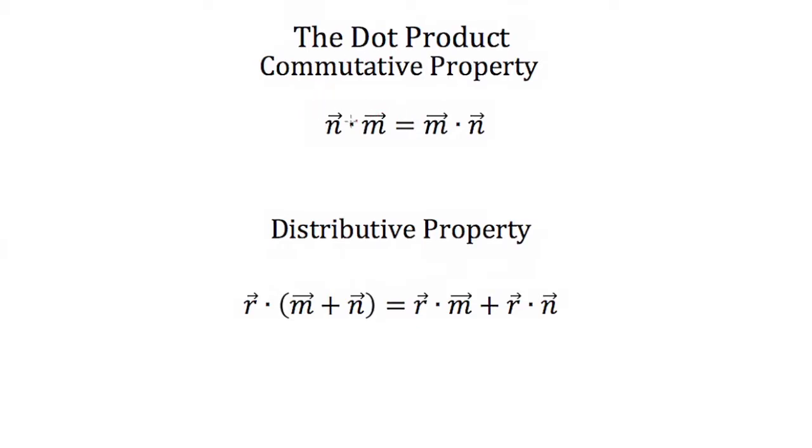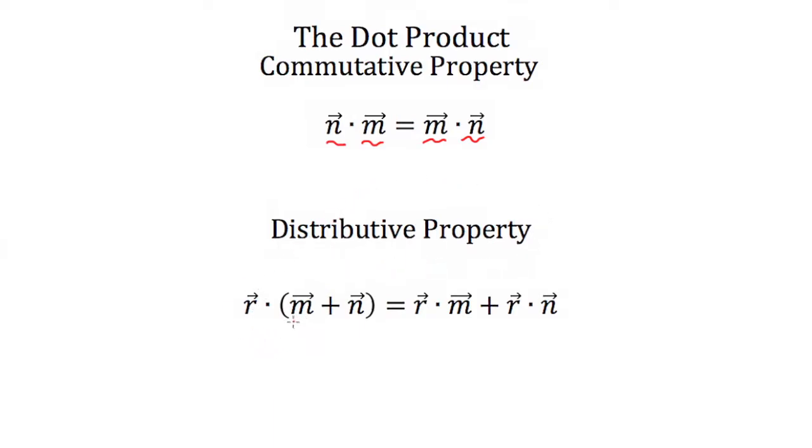Now the dot product is kind of like multiplication of vectors. The dot product also follows the commutative property. If I dot n with vector m, I'll end up with the same number as if I dot m with n, so the order doesn't really matter. It also follows the distributive property.